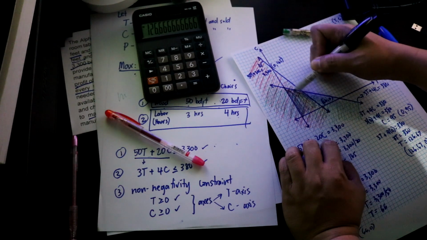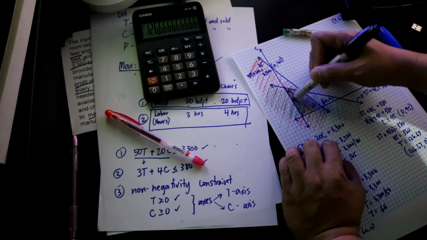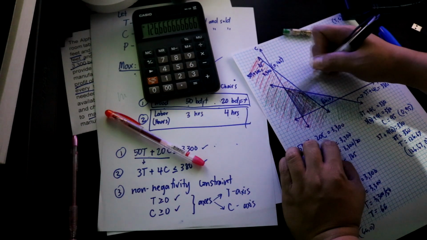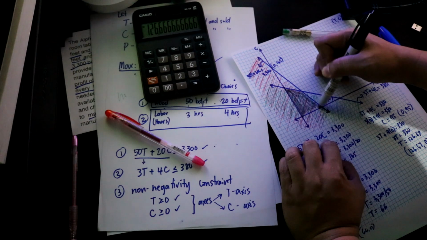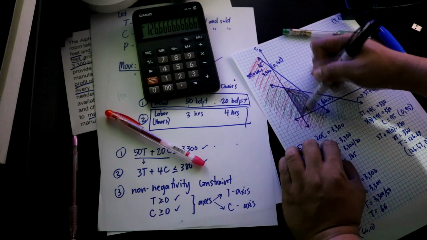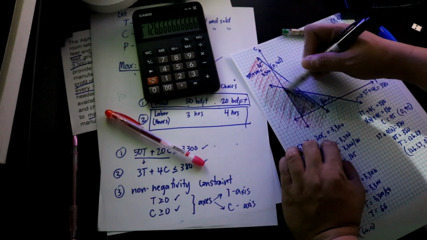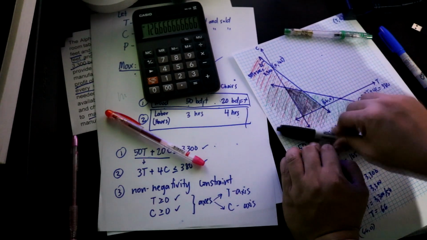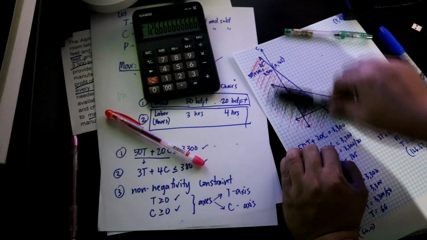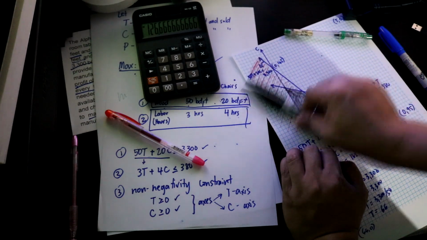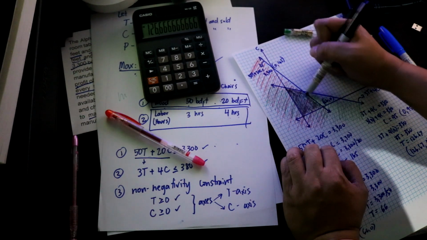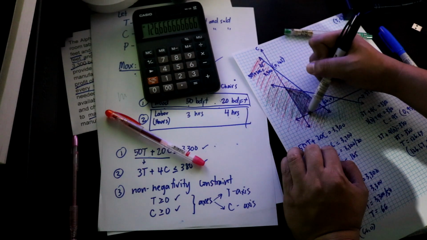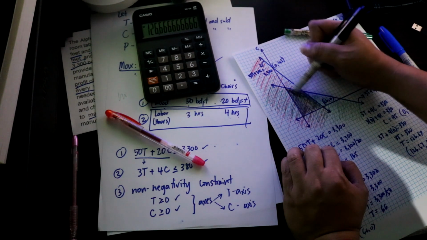This region here satisfies all the constraints because it is in quadrant 1, therefore satisfying both non-negativity constraints, and they are to the left of this second constraint and also to the left of this first constraint. So it is this region that satisfies all of the constraints.